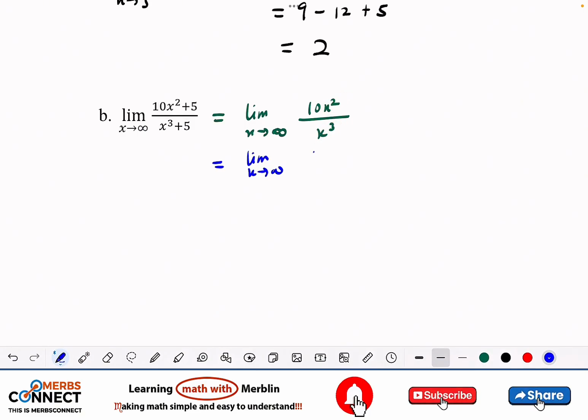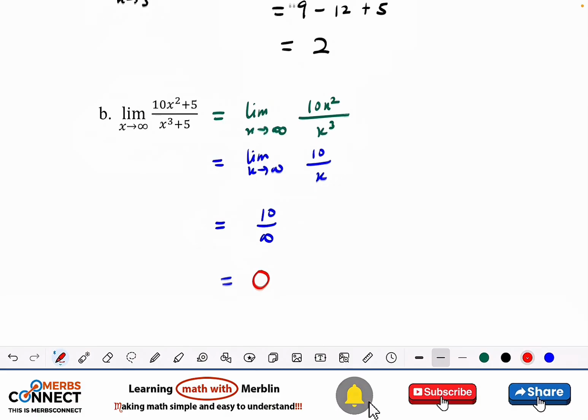So this is going to be left with 10 divided by x. And guess what? When I plug in infinity, I'm going to have 10 divided by infinity, and a small number divided by a big number is going to give us 0.